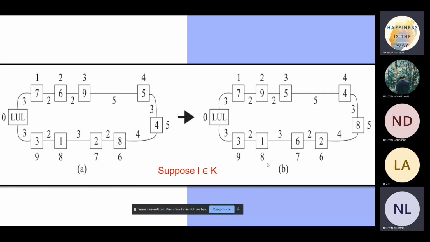Let's denote the set of machines assigned to locations K plus by MK plus, and those assigned to locations K minus by MK minus. We noticed that since machine R is being relocated, MK plus is not necessarily equal to L belonging to K plus, where P is the permutation. So the insert procedure is applied, while the rest remains untouched during an execution. Next slide, please.